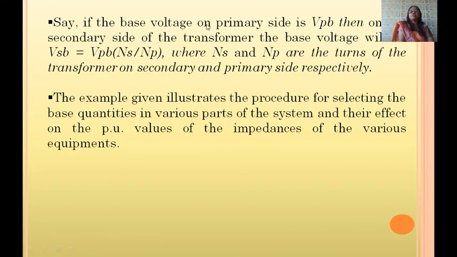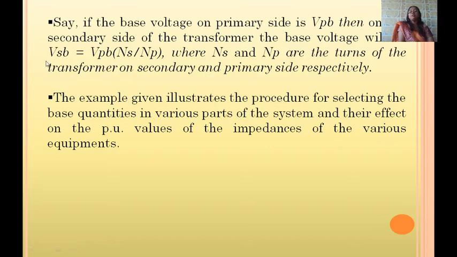Say if the base voltage on the primary side is VPB, then on the secondary side of the transformer the base voltage will be VSB, where VSB is equal to VPB into NS upon NP, where NS and NP are the turns of the transformer on the secondary and primary side respectively.